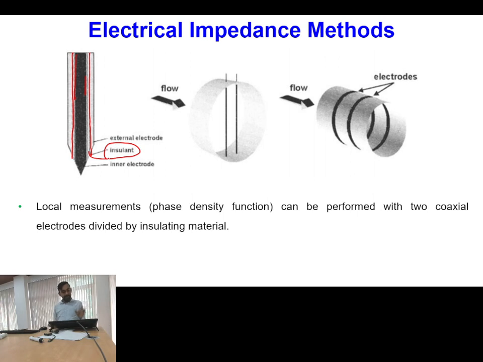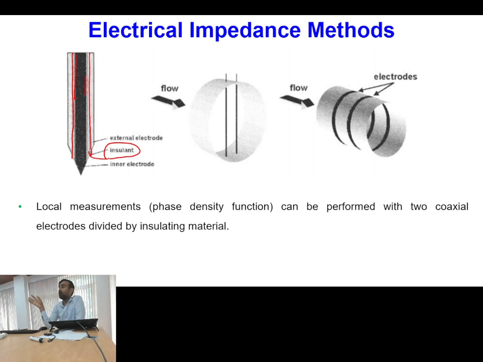When you make contact of these electrodes with an electrically conductive fluid, it allows current to flow through it. And when you put in a fluid which is not electrically conductive, you will not have a flow of current. That is the fundamental principle.